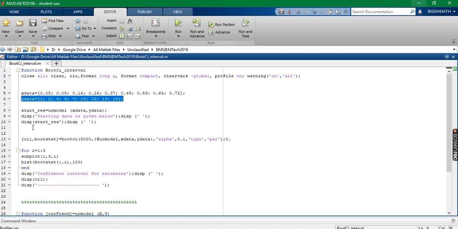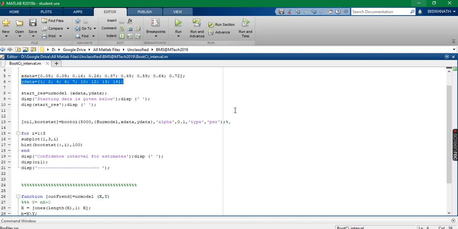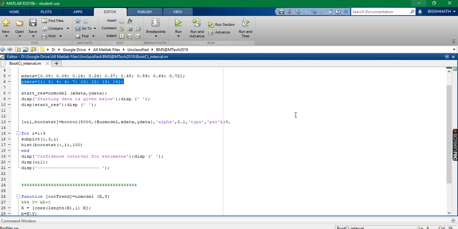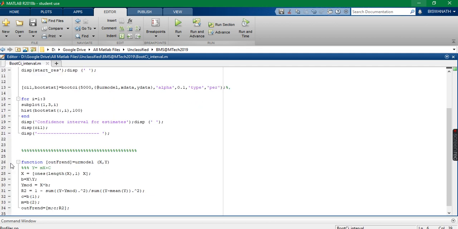So first of all I will show you how we are going to get the fitness, or I will say the intercept and the slope for the x and y model. So this is actually shown here.